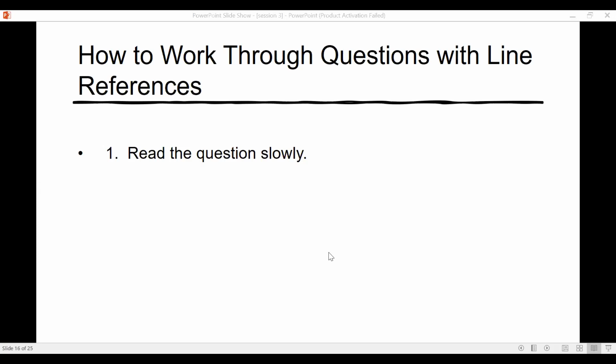If you're going to spend some time reading something, I recommend spending some time reading the question very well. Why? Because if you misunderstand or miss a certain idea or element found in the question, this means that you are likely to answer this question incorrectly.